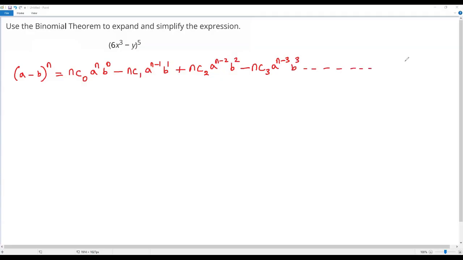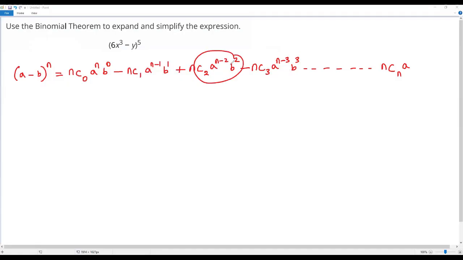We have to keep doing this until we get the term where the values of n and r in the combination are the same. So here we have n, here we have n. Now, what should be the exponent of a? Look at the pattern of the terms here. When r is 3, the same 3 is subtracted from n in the exponent of a, and the same 3 is the exponent of b.